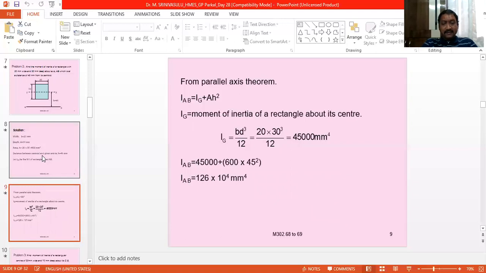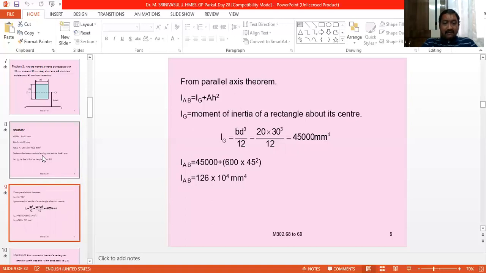So firstly we have the moment of inertia of the given rectangle about its central axis, that is IGx is equal to bd cube by 12. So here b is equal to 20 and d is equal to 30. So bd cube by 12, 20 into 30 cube by 12, that is equal to 45,000 mm to the 4, and now IAB is equal to this IG plus A into h square.